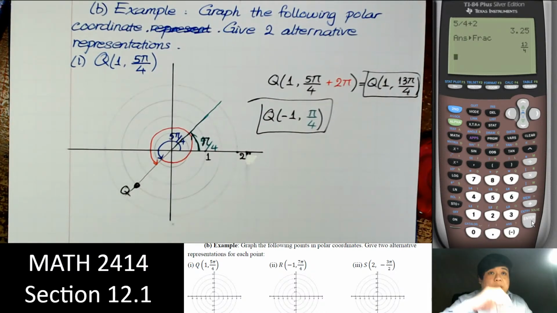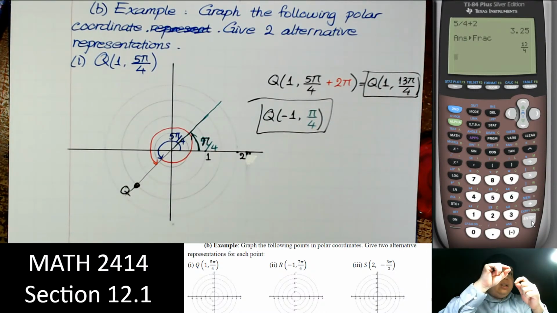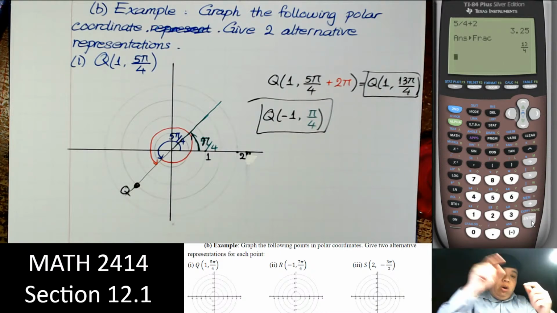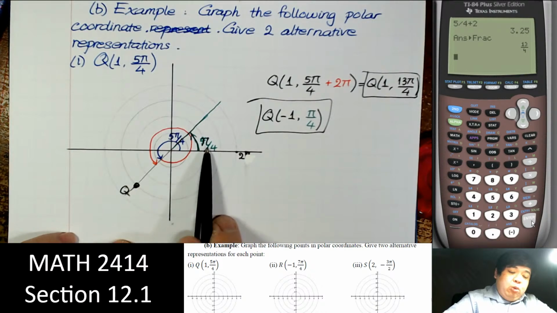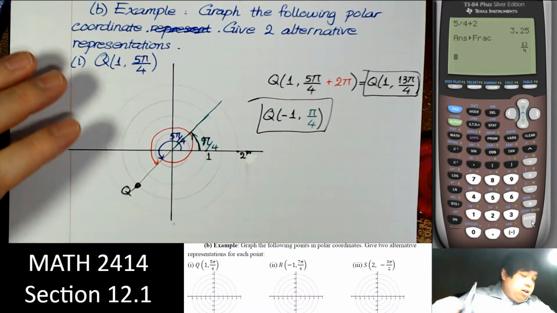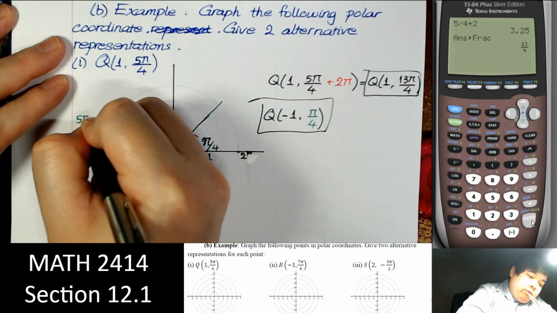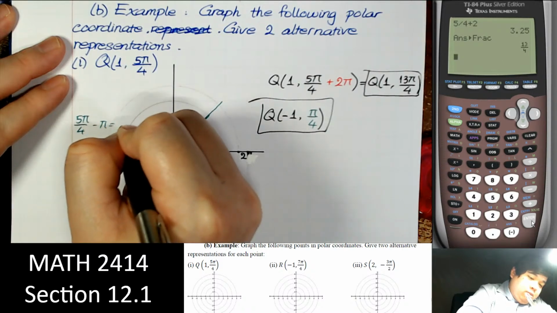So one, we add 2 pi, we get back to the same point, or we add a pi to it, or subtract a pi from it, we go in the opposite direction, and then take r to be negative. And the reason I get pi over 4 is because 5 pi over 4 minus pi is pi over 4.